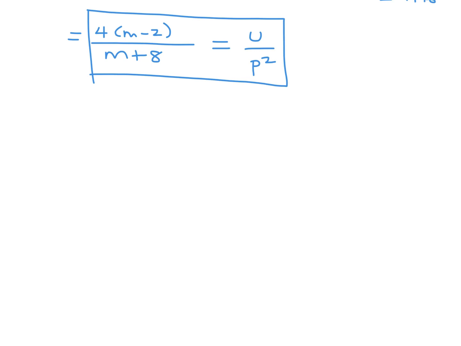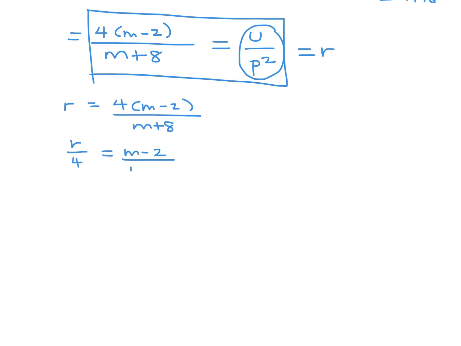So we have to rearrange this, and this thing is r, correct? So r is equal to 4 times m minus 2 over m plus 8. Let me bring the 4 down first. This m minus 2 is the same as m plus 8 minus 10.